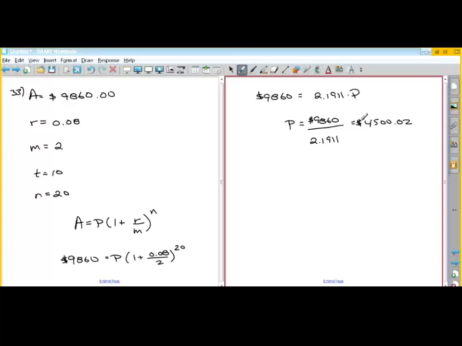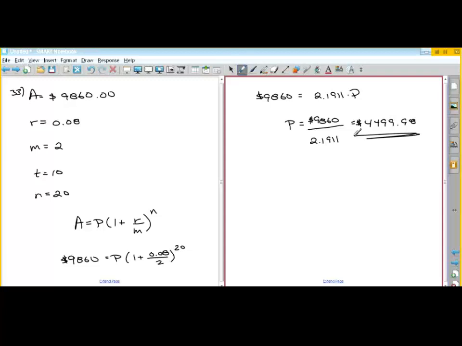Okay, let me try it all again. 1 plus 0.08 divided by 2, that's 1.04 raised to the 20th power. Take the reciprocal of that. 0.463, okay. Multiply that by 9,860, and I get, yeah, so they were right. I rounded off too much. $4,499.98. So that's the present value.